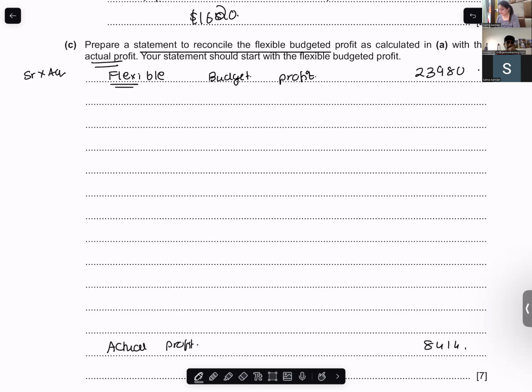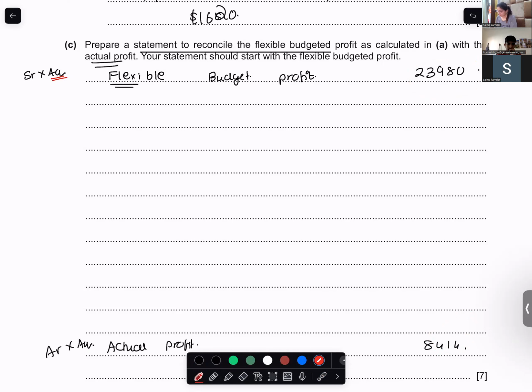And in actual profit, you have your actual rate and actual quantity. So what is the reason why this profit is different? We have to find the difference. The first reason would be what? Will there be volume variance of sales? Yes.